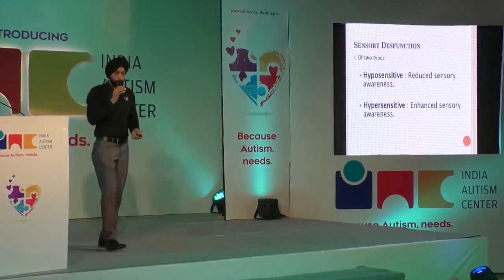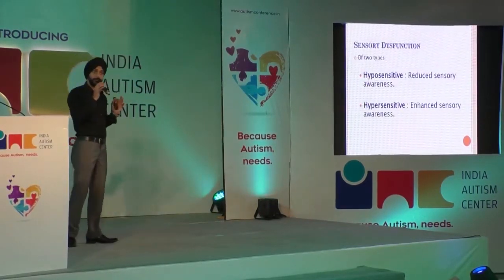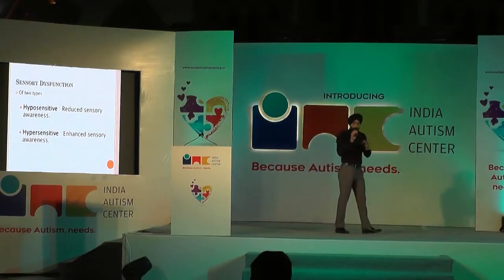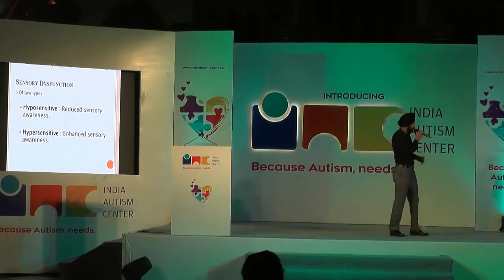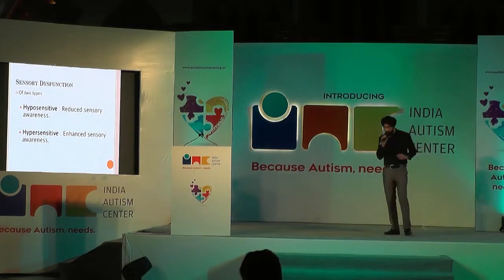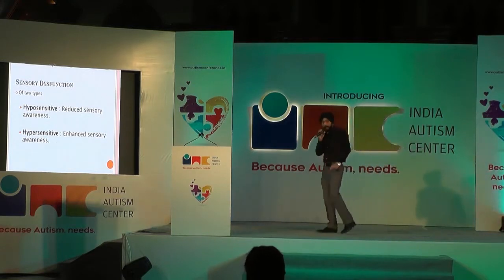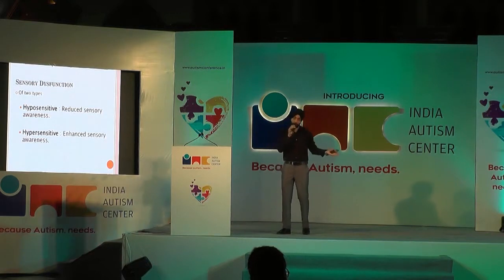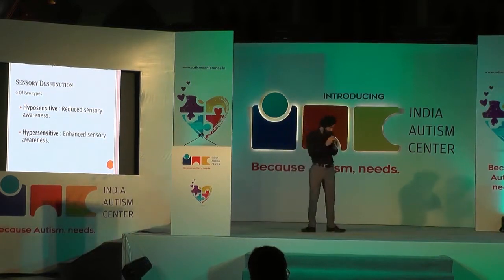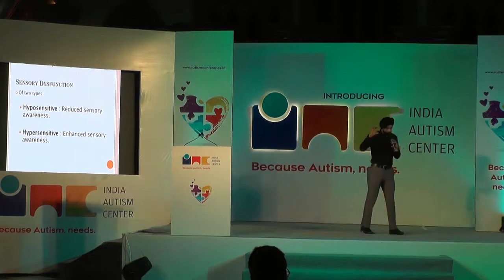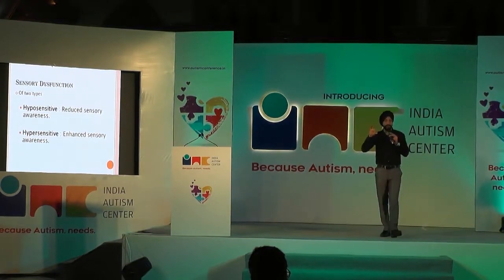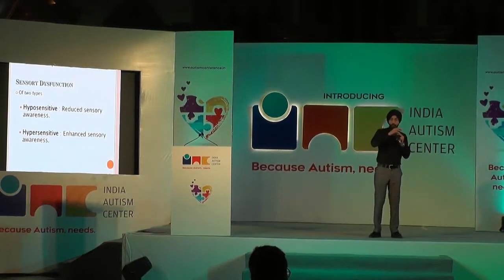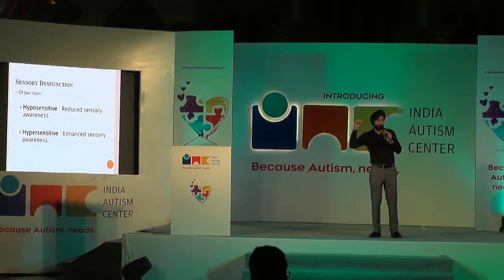So, how many types of sensory dysfunctions do we have? We in fact have three types, though I have mentioned two here. One is hyposensitivity and one is hypersensitivity. Let me help you understand it this way. If our brain needs to process something, it needs a certain amount of input.